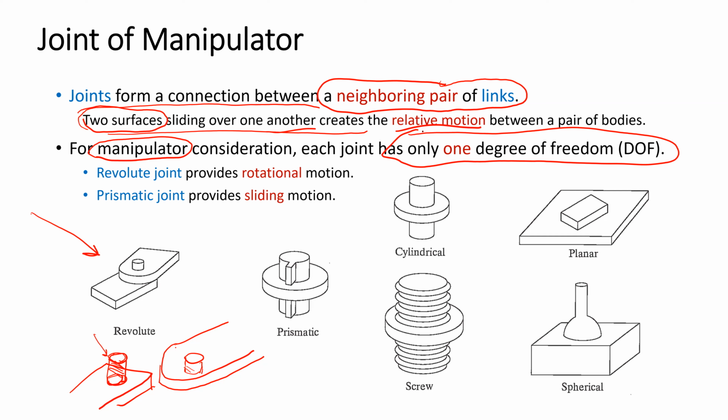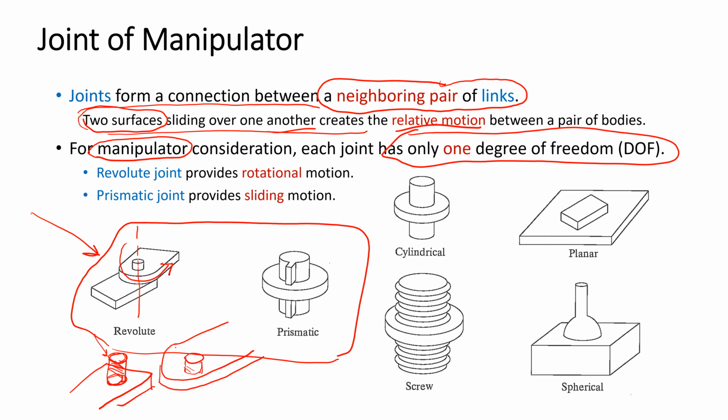In general, for mechanical applications we have various types of joints, but the 1 degree of freedom joints that we mainly consider for the industrial robot are only the revolute joint and the prismatic joint. The revolute joint provides rotation about the axis of rotation and has 1 degree of freedom. The theta is the 1 degree of freedom of the revolute joint.